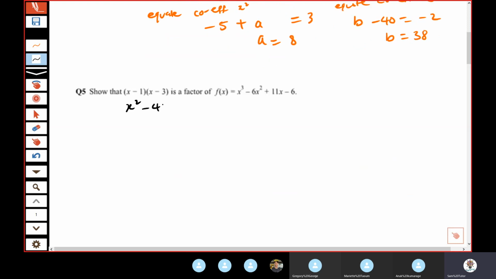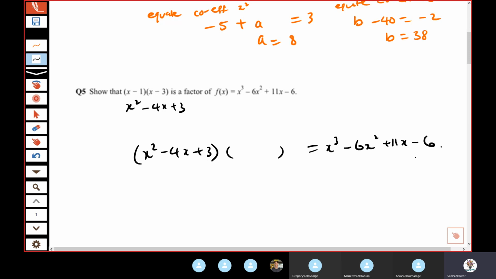So we're going to do x squared, take away 4x plus 3, multiplied by something that gives me x cubed, minus 6x squared plus 11x, take away 6.